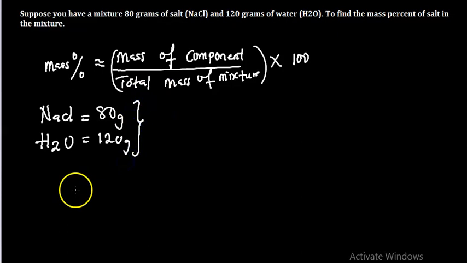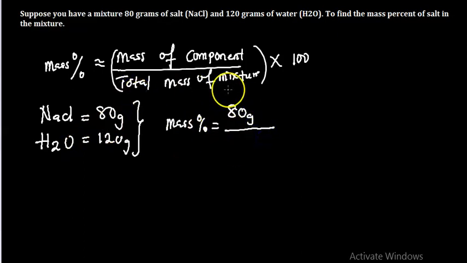In this case, the mass of the component is going to be the mass of the sodium chloride. Therefore, our mass percent, what is the mass of the sodium chloride? In this case it is 80 grams divided by the total mass of the mixture.